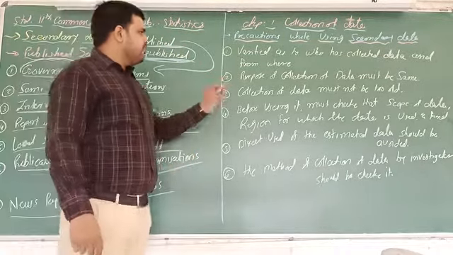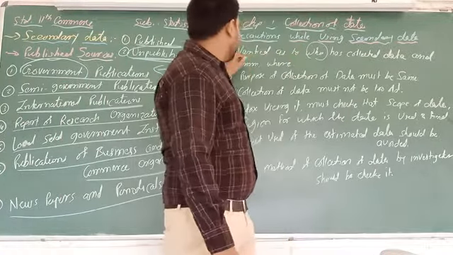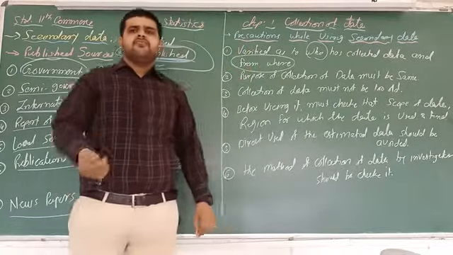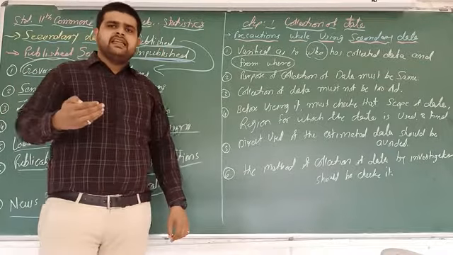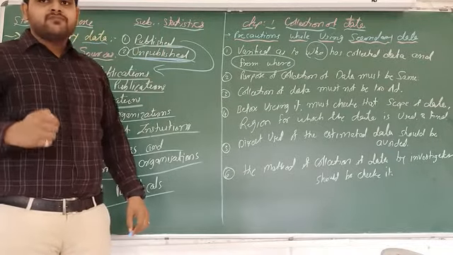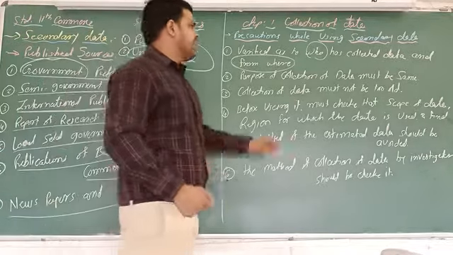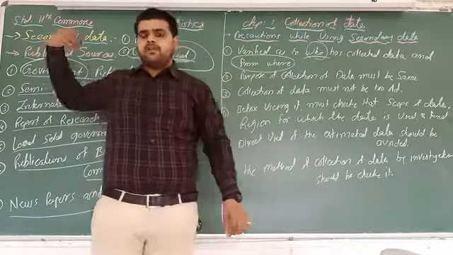Number 1, verify who has collected the data and from where. The very first point is that we have to check whatever data we are using, who collected that data, whether it is published or unpublished.